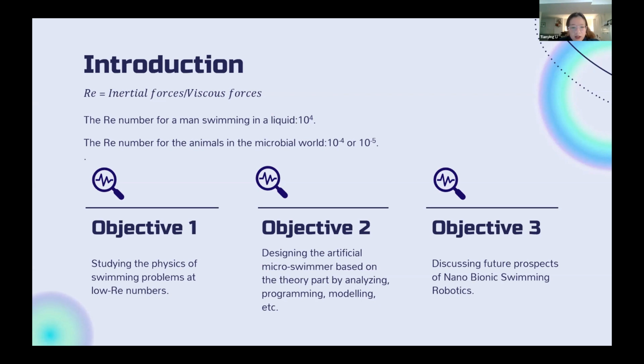When the Reynolds number is extremely low, the viscous force is dominant, which means the inertial force plays no role and the force is proportional to the velocity only. So we aim to find out why swimming at the micro scale is so difficult and then try to design an artificial nanobionic robot that can overcome the difficulties when they swim at a low Reynolds number.